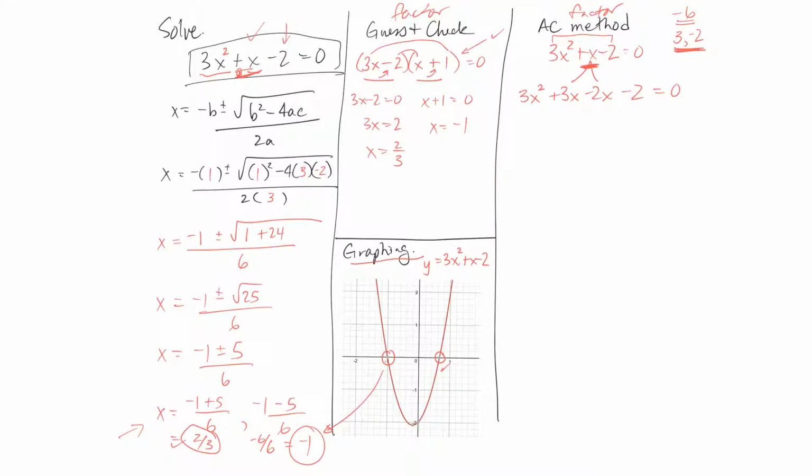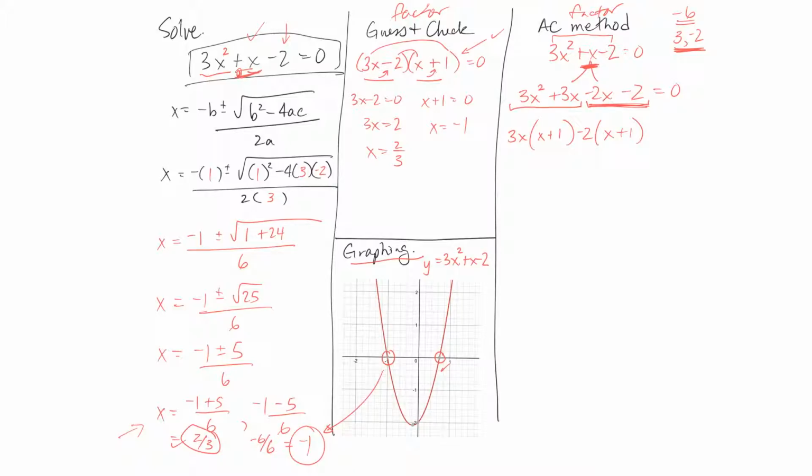Okay, equals 0. And then I group factor. Group this guy, group this guy. So I'm going to factor 3x out of the first two, leaving me with an x plus 1. Oops. And then I'm going to take a negative 2 out of this one, so it's negative 2, and inside it'd be left with x plus 1.